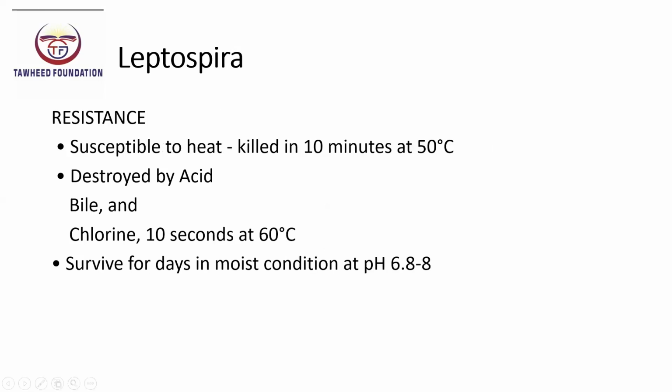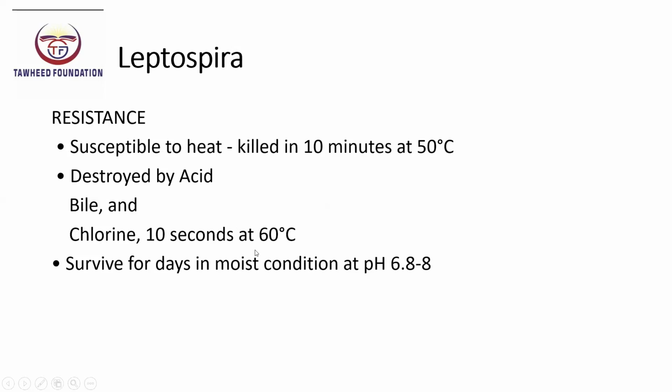Resistance. Leptospira are fragile organisms that are easily destroyed by environmental factors. They are killed within 10 minutes at 50 degrees Celsius and in just 10 seconds at 60 degrees Celsius. They are also destroyed by acidic conditions, bile and chlorine.